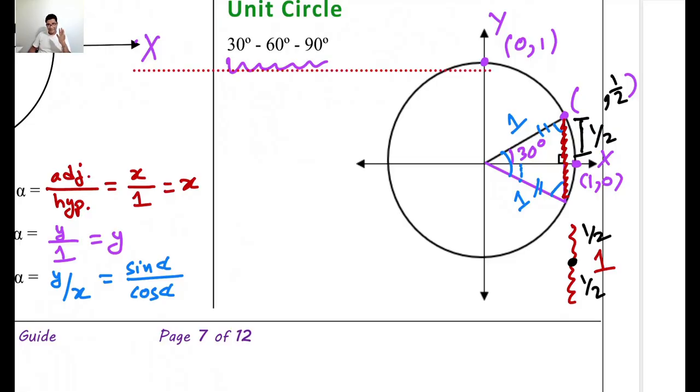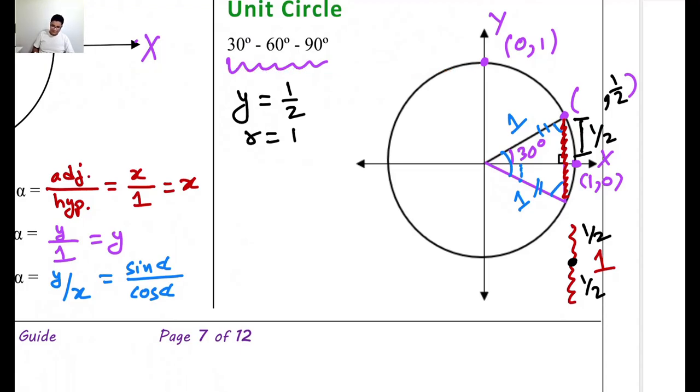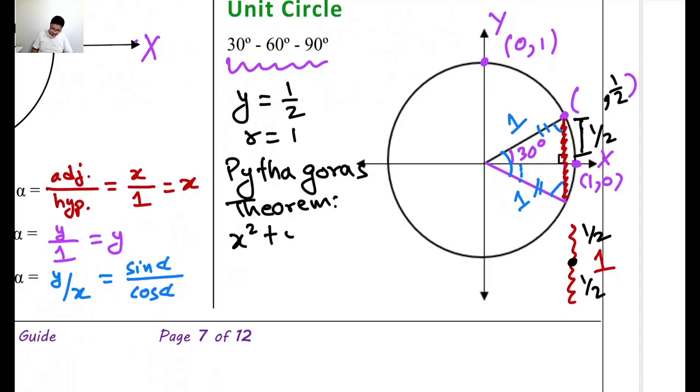Let's write that here. The y value is half. The radius is 1. And how do you get the x value? Pythagoras theorem. What does Pythagoras theorem say? x square plus y square will be 1 square.